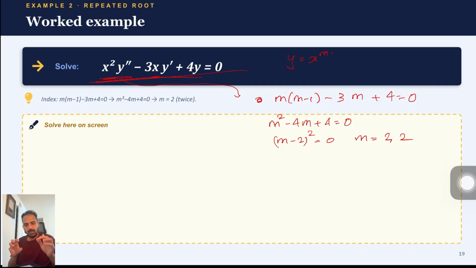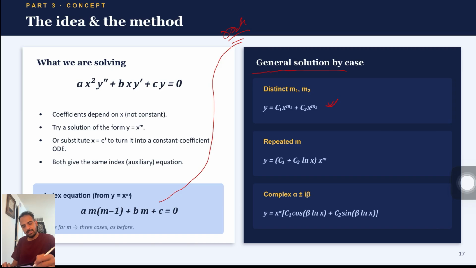And if the roots are equal and you are assuming your solution y equals x^m, then your direct solution will be in this form. We'll have y equals c1, and since they are repeated roots, we'll multiply your next term with ln x, and the final will be x^m.